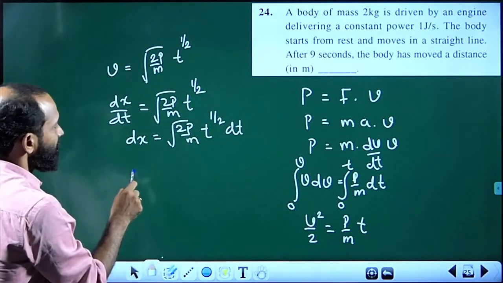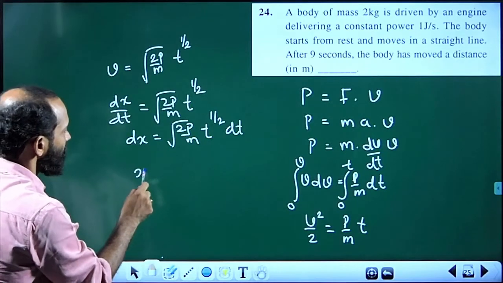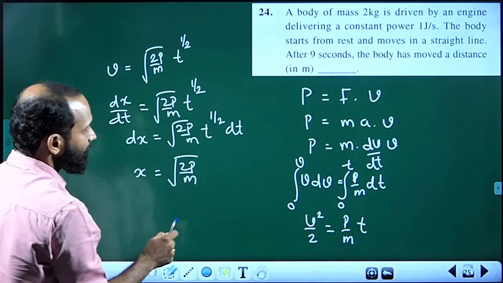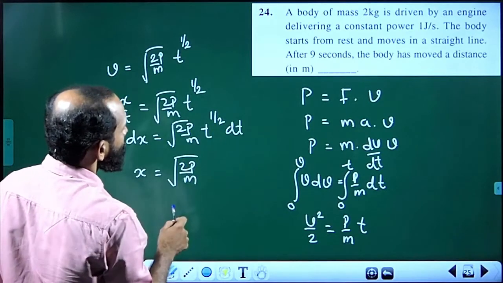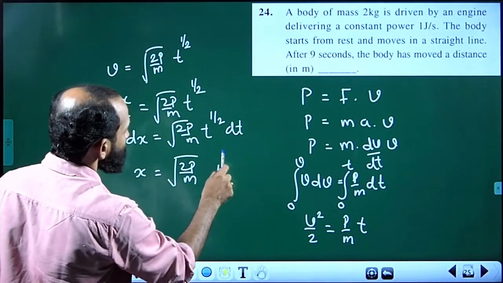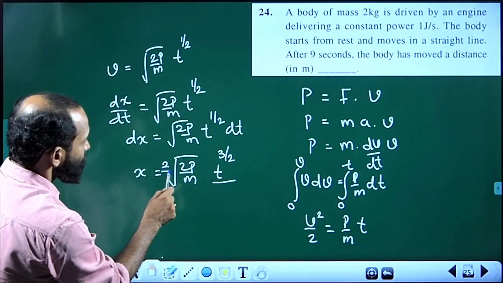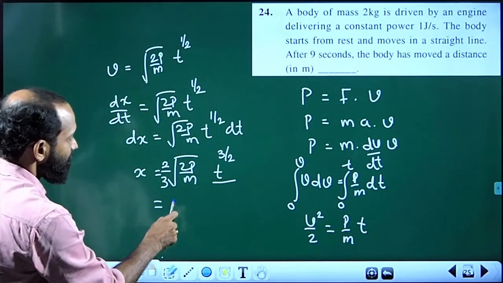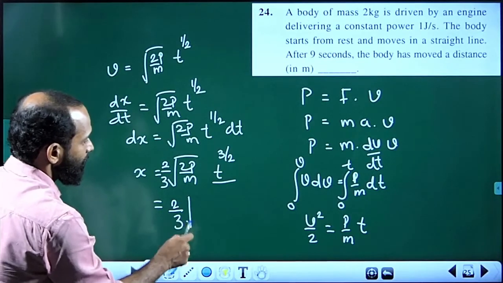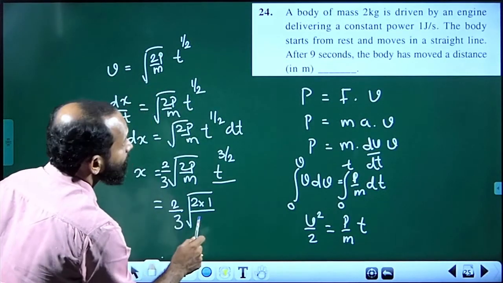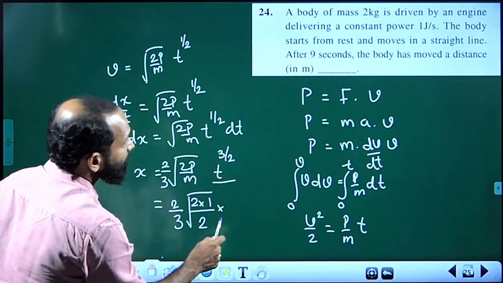On integrating from 0 to x, you get x is equal to square root of 2P by m, which is a constant. On integrating t raised to 1 by 2 dt, that would be t raised to 3 by 2 divided by 3 by 2. That comes here as 2 by 3. That is x is equal to 2 by 3 times root of 2 times power is 1 watt, mass is 2 kg, t raised to 3 by 2.